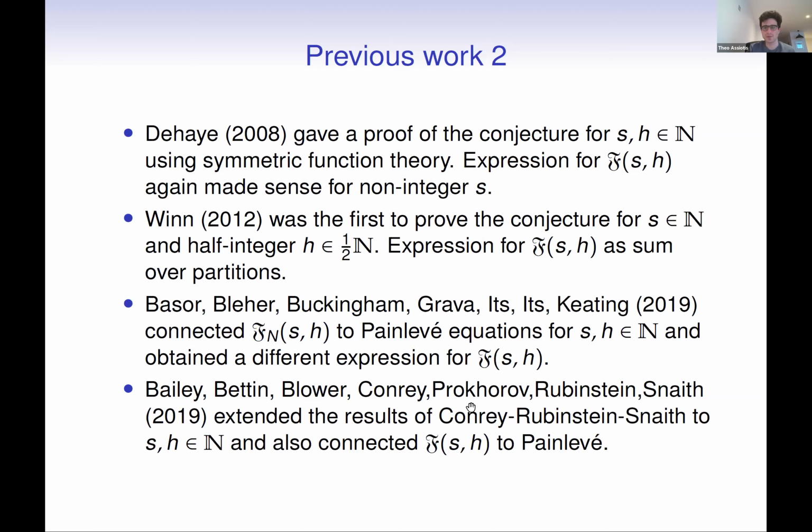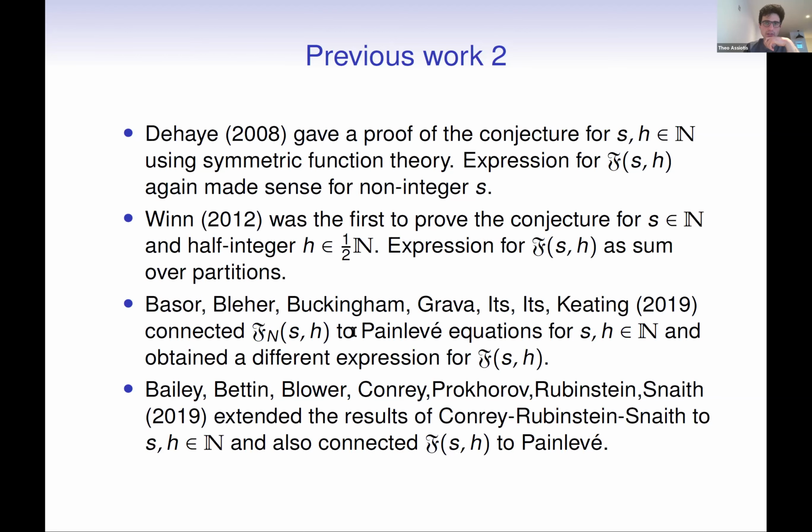Of course, they did other things as well, but they obtained essentially an analogous result to the group above. In terms of what's of interest in this talk, this group here connected this to Painlevé equations for finite N as well. It's not just in the limit.